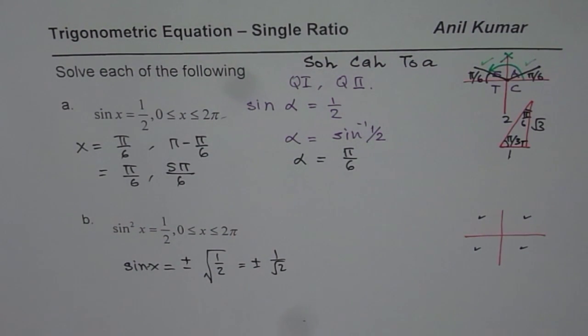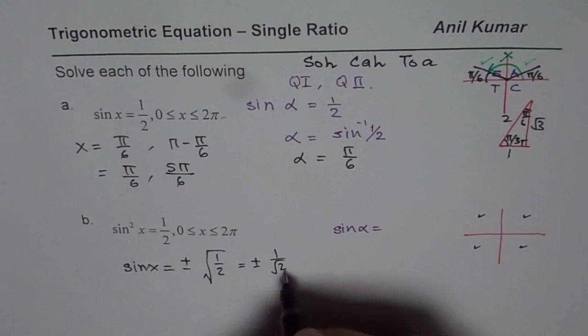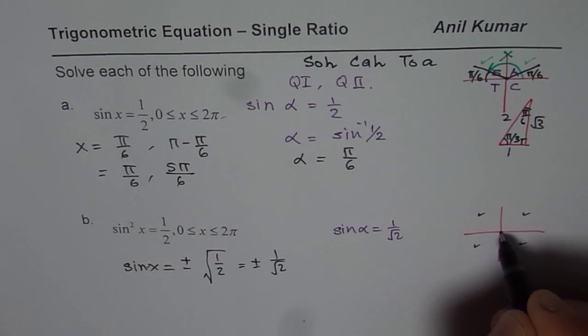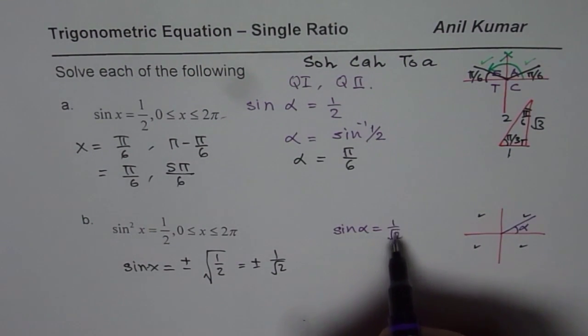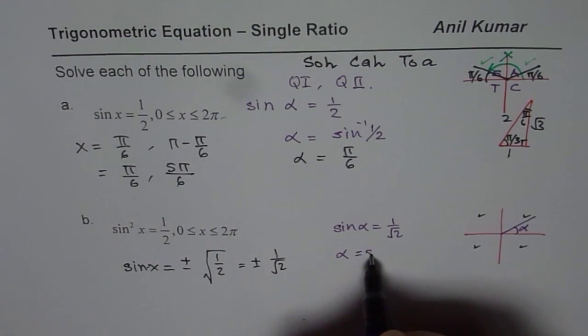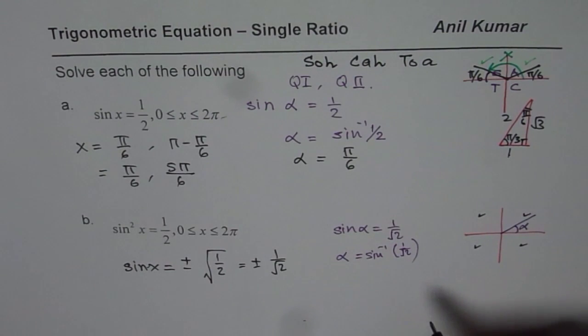And in each quadrant, what are we looking for? Sine alpha equals to 1 over square root 2. Drop the sign. Don't worry about it. So we are looking for alpha, where sine alpha should be 1 over square root 2. If you use calculator, you get alpha equals to sine inverse of 1 over square root 2. You get your answer.